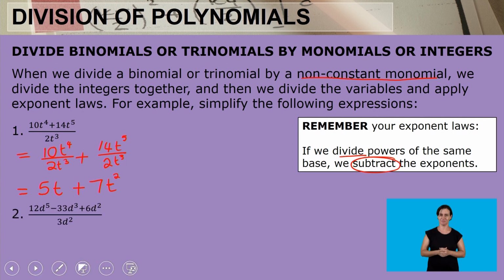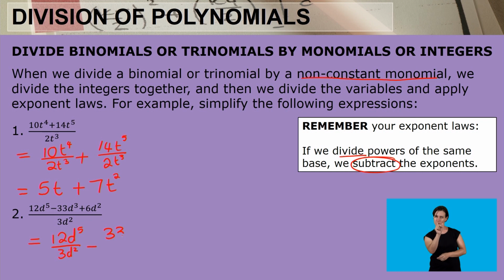Let's look at our last question, which is a trinomial being divided by a non-constant monomial. Remember, each of them must get that term that is being divided. 12d exponent 5 divided by 3d squared minus, because we are subtracting in our trinomial, 33d cubed divided by 3d squared.